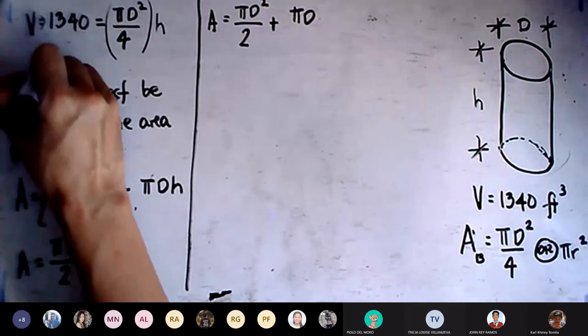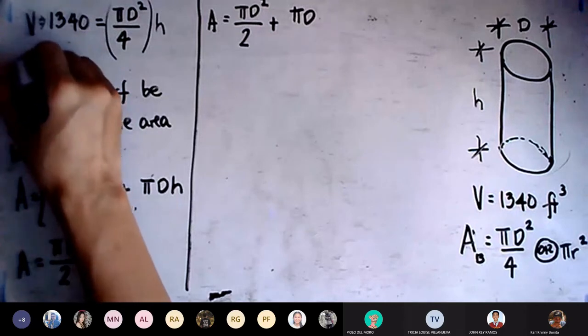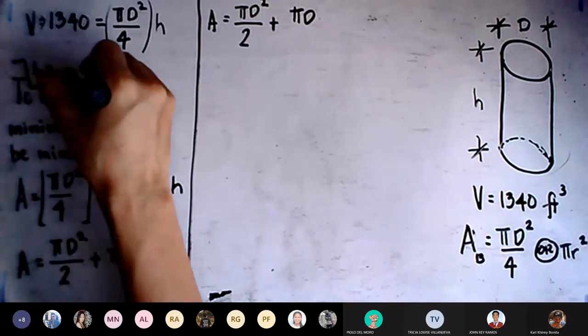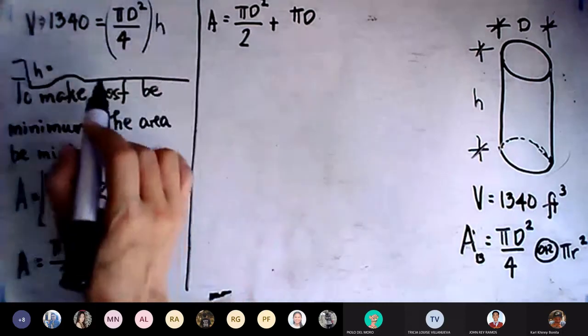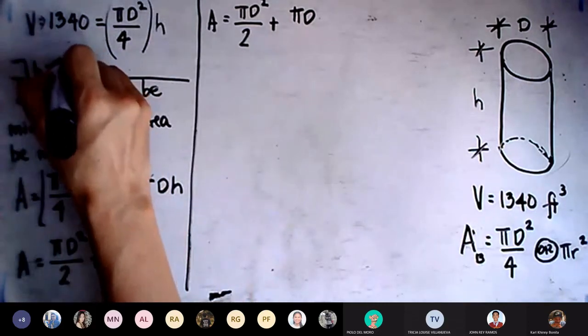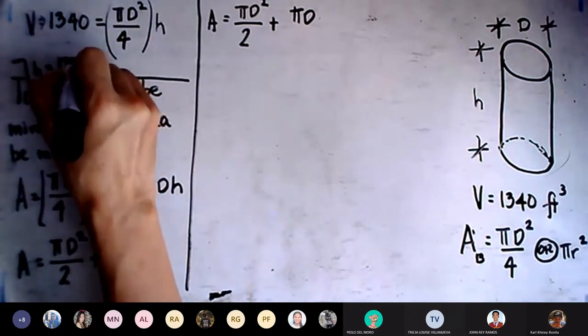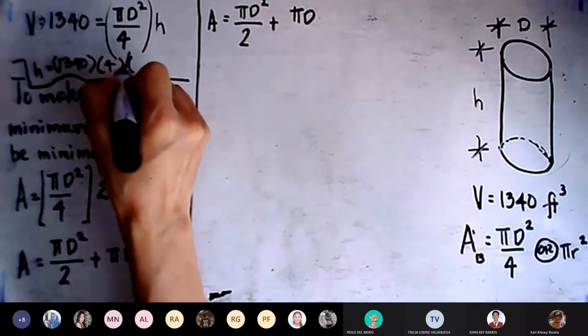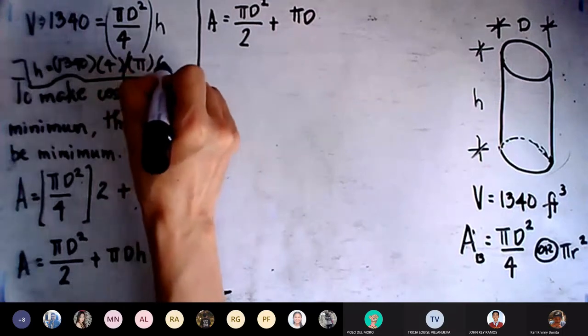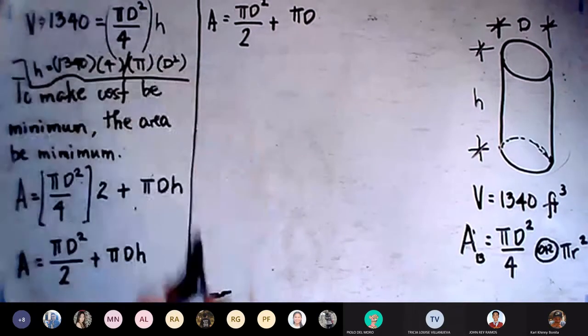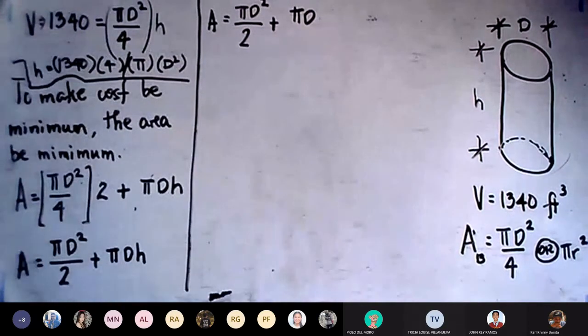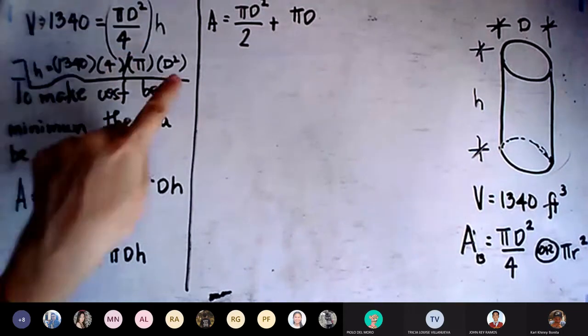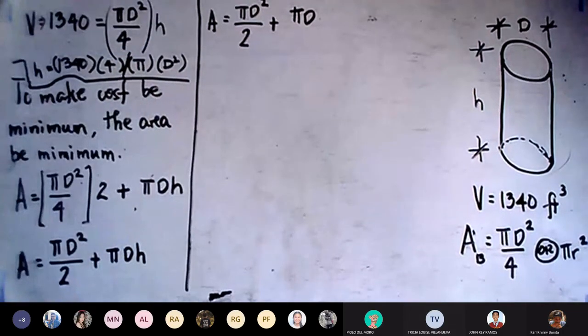So h, therefore, let me insert the formula for h here. H will be equals to 1,340. You multiply it by 4, divide it by pi times d squared. Okay, so we express h in terms of the diameter.